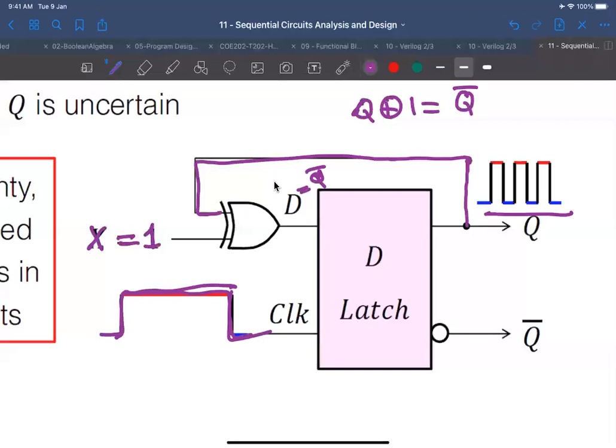Each time the clock is high, like this, from here all the way to here, I will keep complementing Q. Do you see that? Yes, this is okay. So whoever said yes, I'm going to ask you a follow-up question. What is the final value of Q after the clock goes down here?